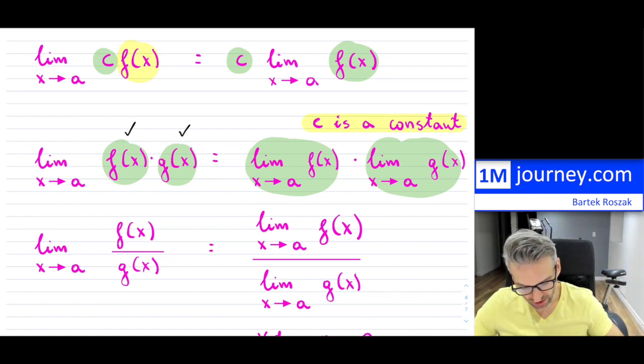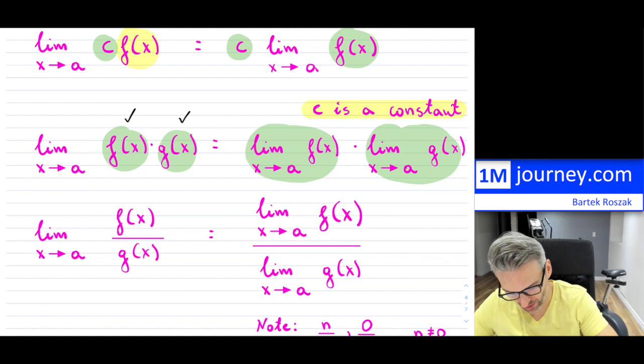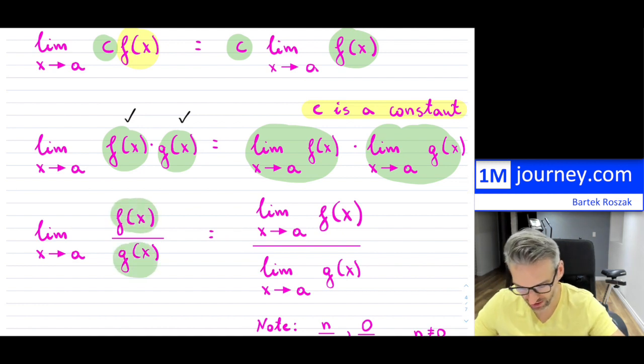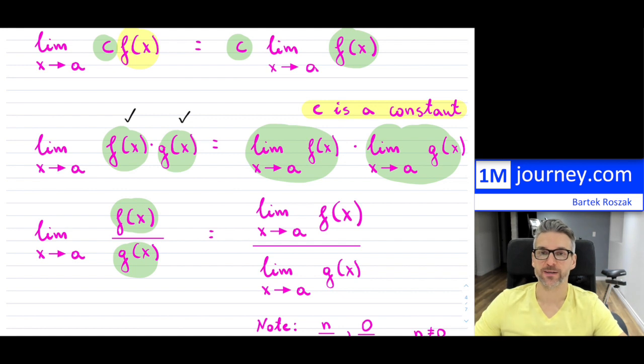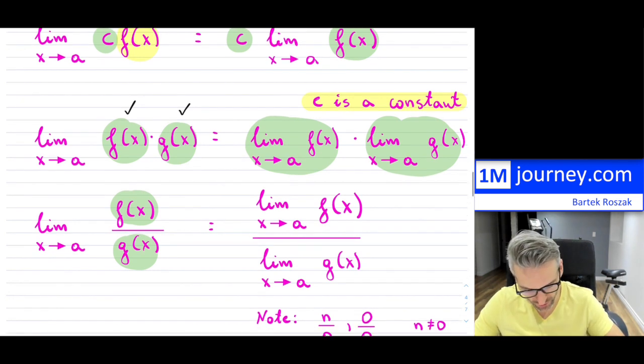Now, if multiplication works, then you shouldn't be surprised that division, or the quotient, will work as well. Multiplication is the product, quotient is division, it's the same thing. In reality, division is really multiplication by the reciprocal of a function. Now, we do have to be careful here because this is the same thing as worrying about rational functions and where they're defined.